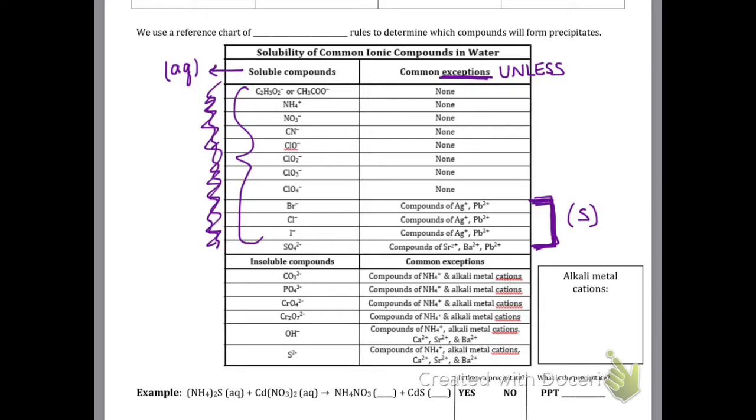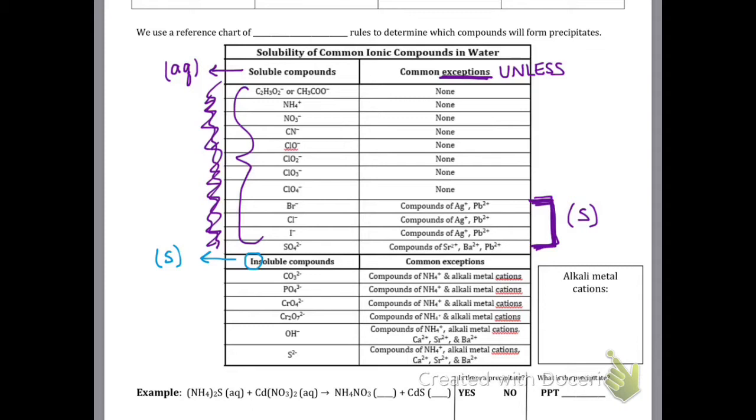Okay, on the other hand, the bottom part of this chart here is the opposite. Here you see the prefix in, meaning that any of these compounds, if you see a compound with any of these substances, it will be a solid, because insoluble means it creates a precipitate.